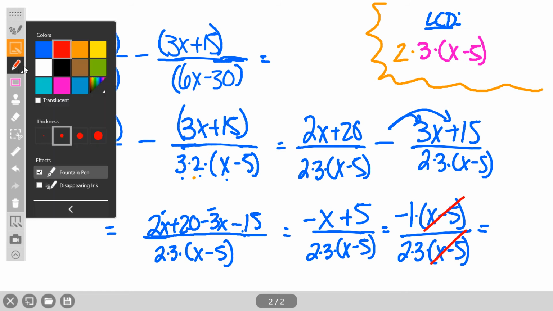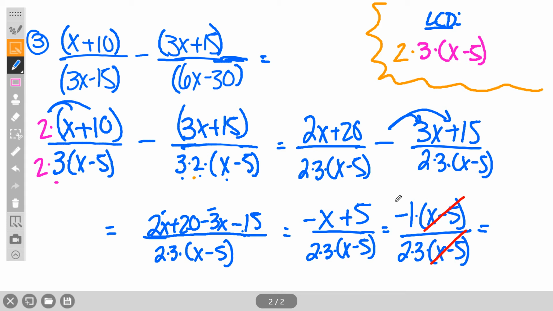So I can cancel out that factor. Now that they no longer have any factors in common, what I have left is my answer: negative 1 over 6. And that would be my simplified expression for the problem I started with.